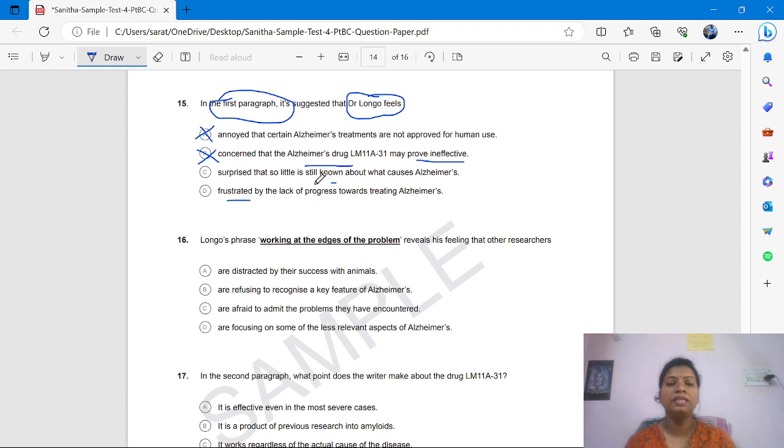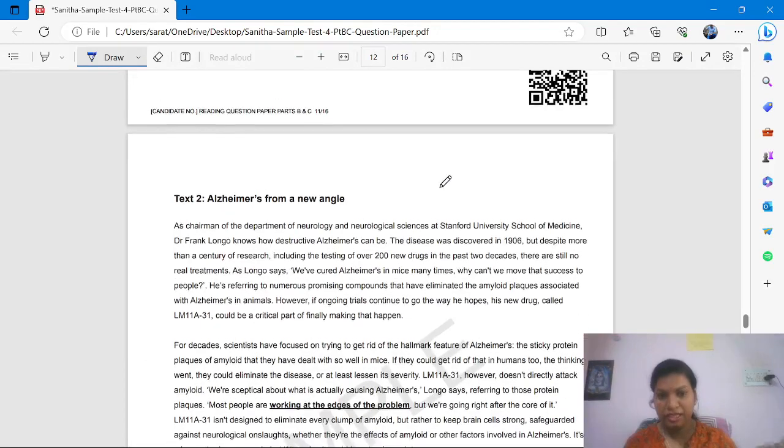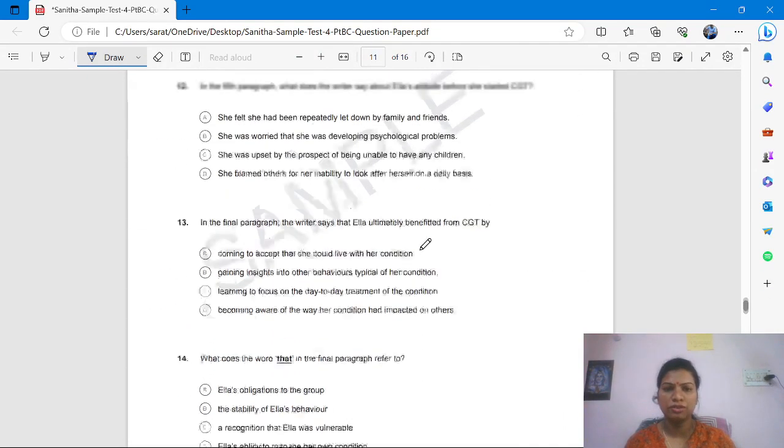Next option: surprised that so little is still known about what causes Alzheimer's. So we should check whether it says we have only little knowledge about the cause of Alzheimer's.